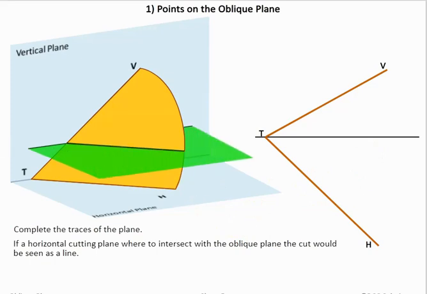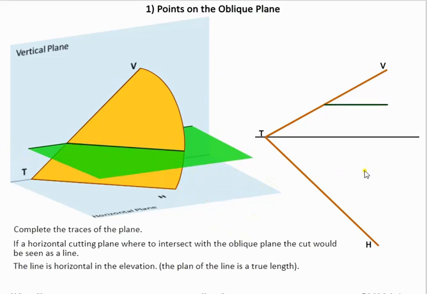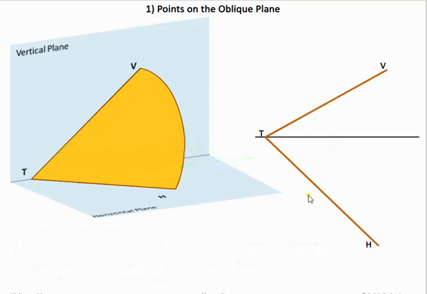So we've taken a slice across our oblique plane here. When we take a horizontal slice across here, we'll notice that this line here is parallel to HT. So when we draw that in plan, you'll notice that this line here and this line here are parallel to one another.